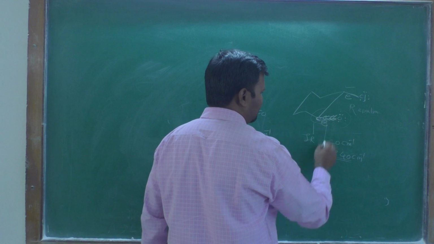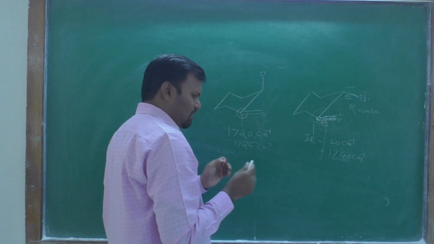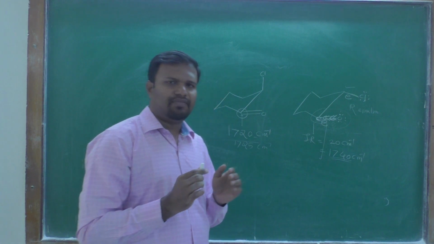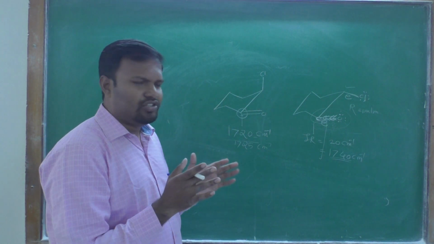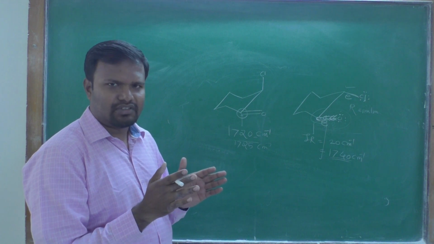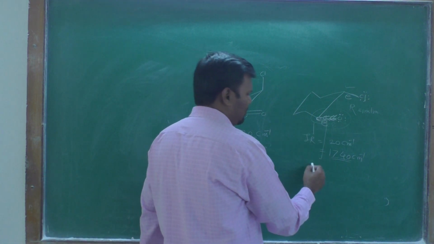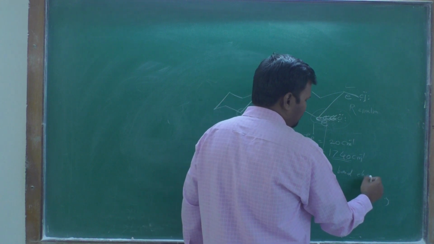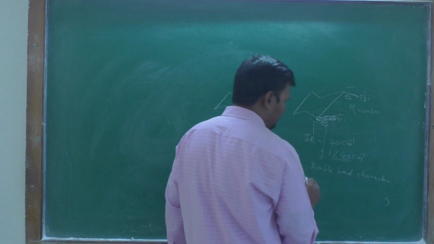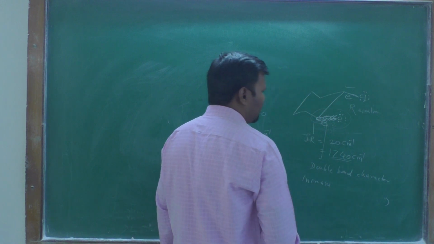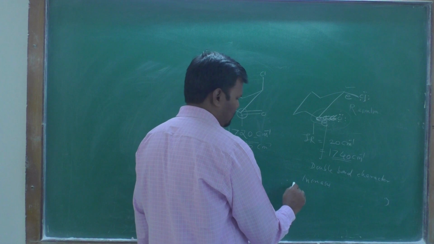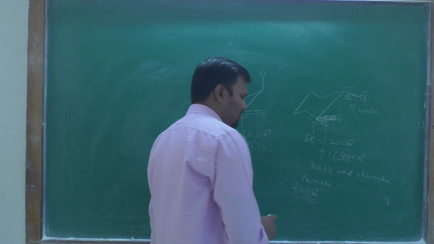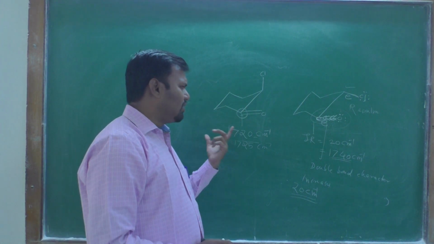Due to this compression, the double bond is compressed, which means its strength increases. The double bond character increases, and therefore it shows an increase in IR frequency by 20 units over the normal IR frequency.